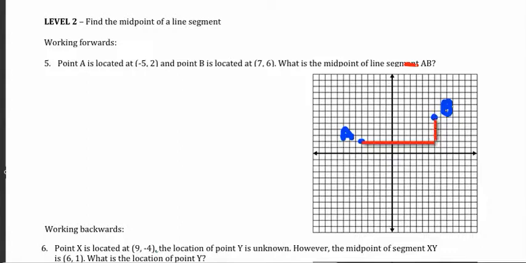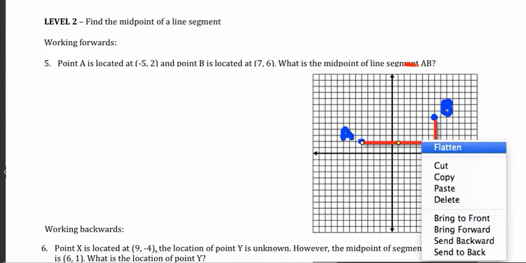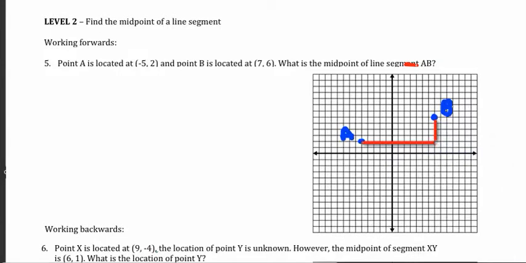Alright, now let's look how far we had to go. From A to the corner here, we went 1, 2, 3, 4, 5, 6, 7, 8, 9, 10, 11, 12. We went 12. So 12 steps right, and then we went 1, 2, 3, 4 steps up.